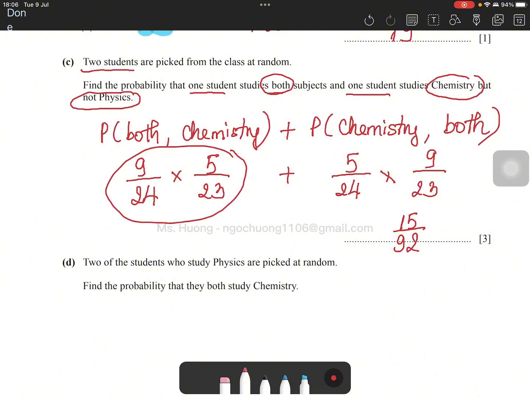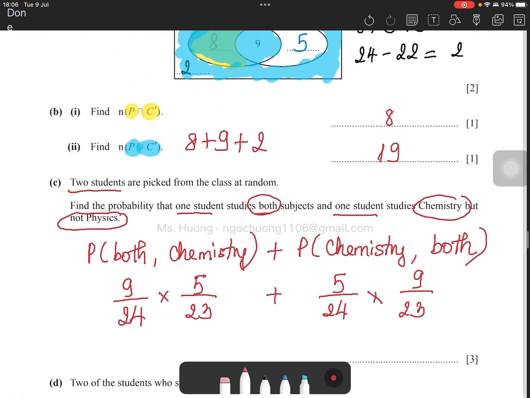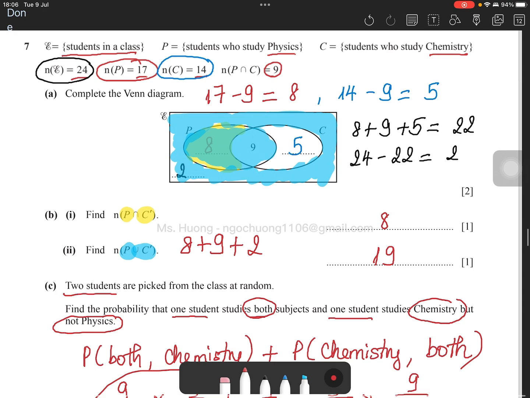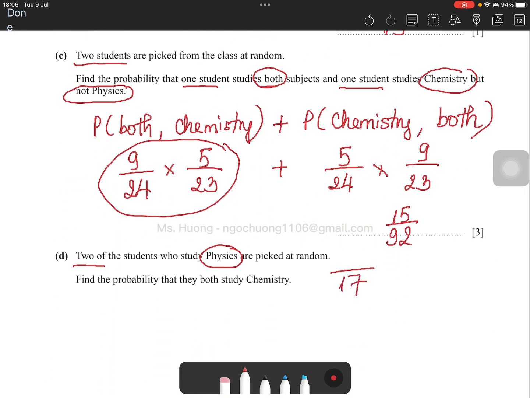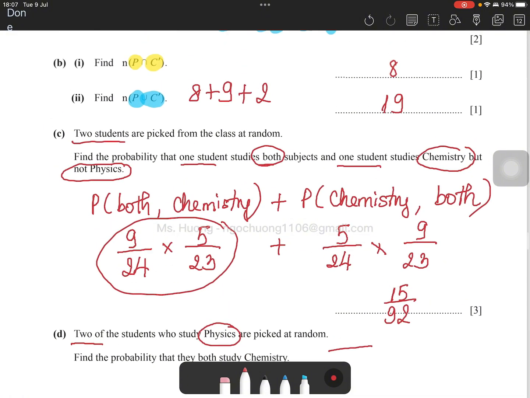Question D. Two of the students who study physics are picked at random. This means the denominator should be the number of students who study physics. How many students study physics? There are 17. So the denominator is 17. Find the probability that they both study chemistry. So we will look at the set of students who study physics and we check how many of them also study chemistry.